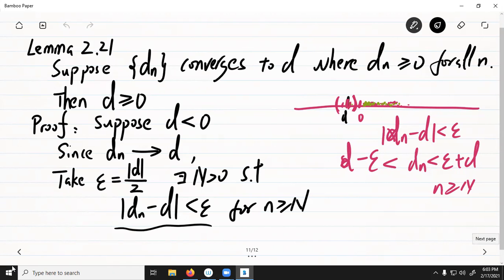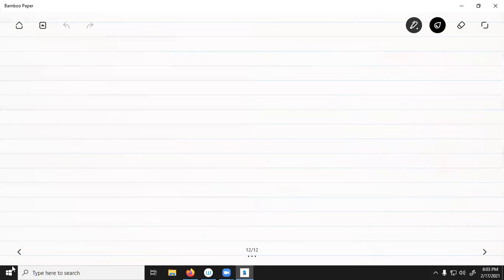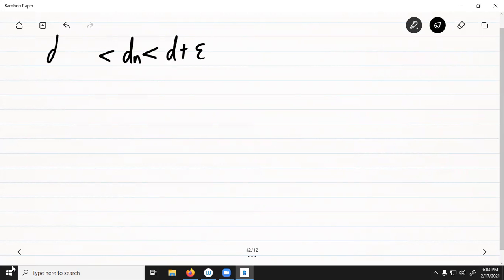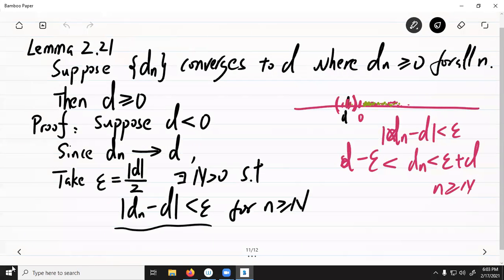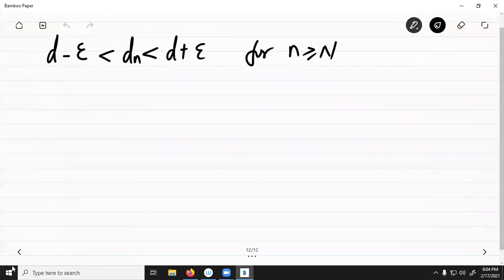So Dn is less than D plus epsilon, and greater than D minus epsilon, for n greater than or equal to capital N. How do I get this one? I just get rid of this absolute value sign, right? So if you get rid of the absolute value sign, this is less than epsilon and greater than negative epsilon, then plus D on both sides. Then you will have this one.